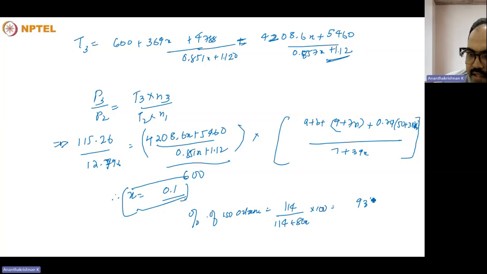That will be equal to 93 percentage of iso-octane. The percentage of normal hexane, which is added and has a higher calorific value, will be 7 percentage.